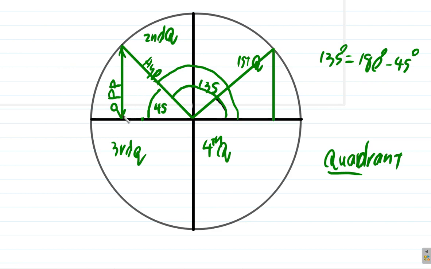But our opposite over here for the 135 looks the same, just on the other side of this line and the hypotenuse. So the sine of 135 would be the same as the sine of 45. Let us check it out.